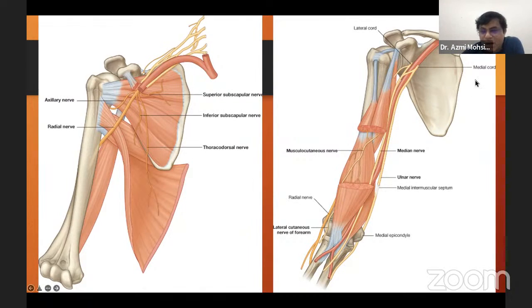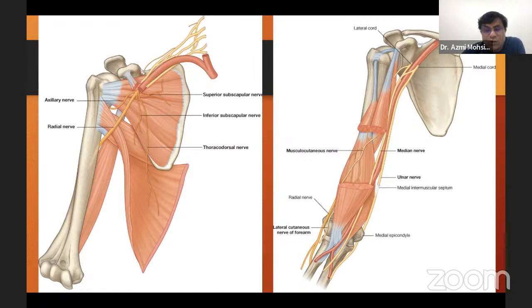In the upper half of the arm, the median nerve lies lateral to the brachial artery. In the mid of the arm, the median nerve, being lateral, becomes the medial most content in the cubital fossa. So that means at the mid of the arm, the median nerve crosses the brachial artery anteriorly.